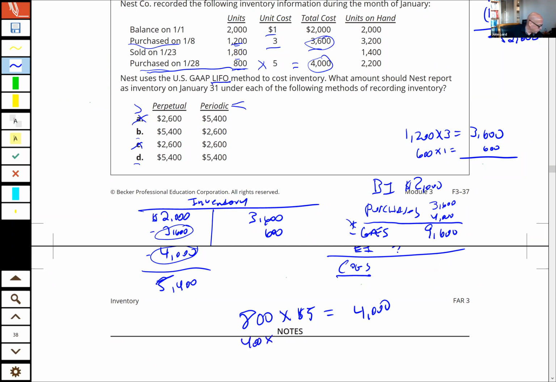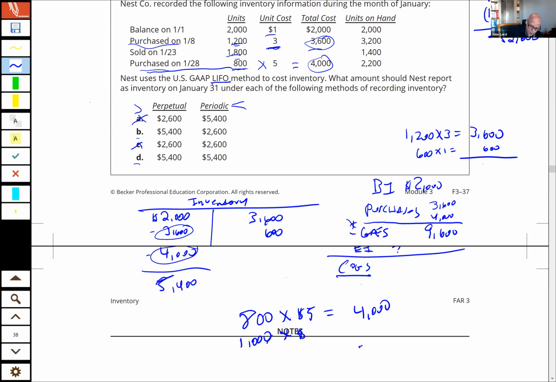So I need what? Not 400 more. What do I need? 1,000 more. I'm trying to get that 1,800. That 1,000 more is going to be at that next price, which is what? $3.